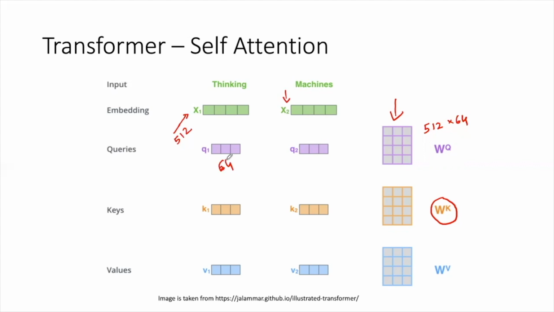So we are actually reducing the size of the input embedding as well. We'll see why exactly we reduce the size, but for now this is one additional benefit. We can also reduce the size.